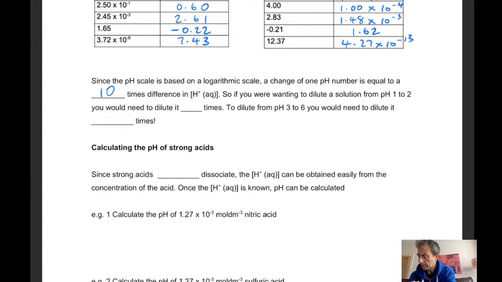If you wanted to dilute from pH 3 to 6, so you're changing pH units by 3, going from 3 to 4, 4 to 5, 5 to 6, that's 1,000 times in terms of dilution, because you've gone through 3 pH units. Each pH change of 1 is a 10-fold increase or decrease depending on which way you go.